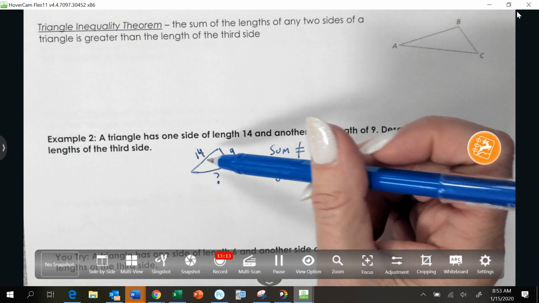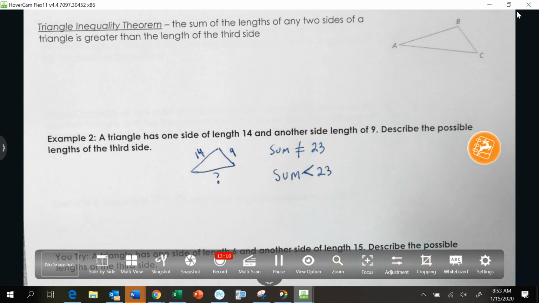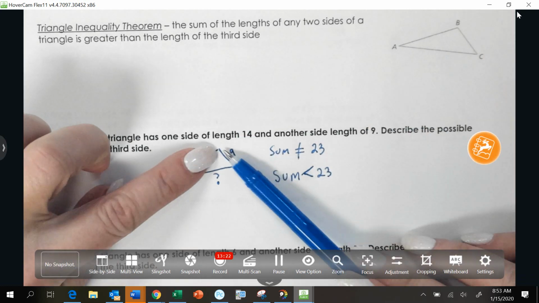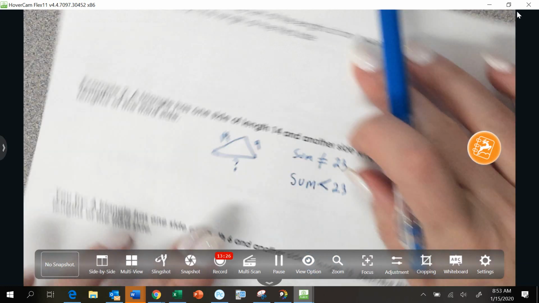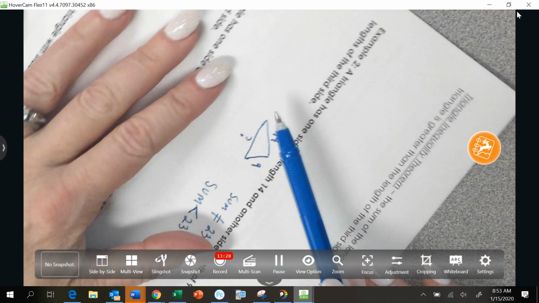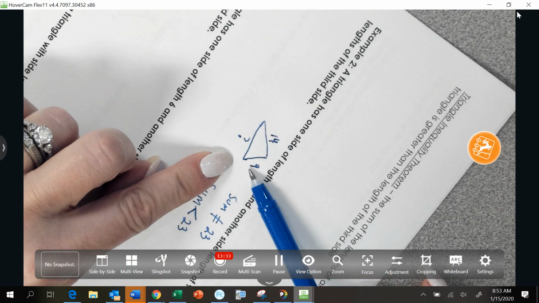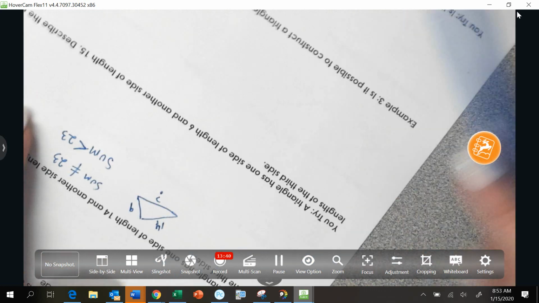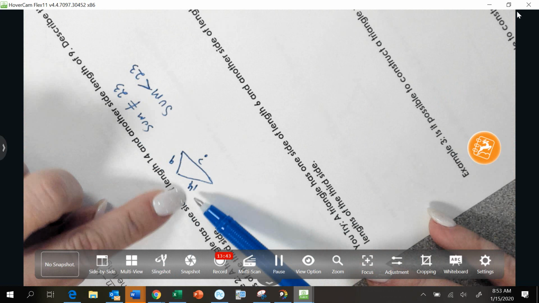And then does it have to be more than 14? Good question. Is there a limit on when we start going down below 23? Can it be 14, 9, and 1? Because you have to remember that if I add these two sides together, they have to be bigger than the third side. But the triangle turns, and now 14 plus this has to be bigger than this side, but also 9 plus this has got to be bigger than 14.